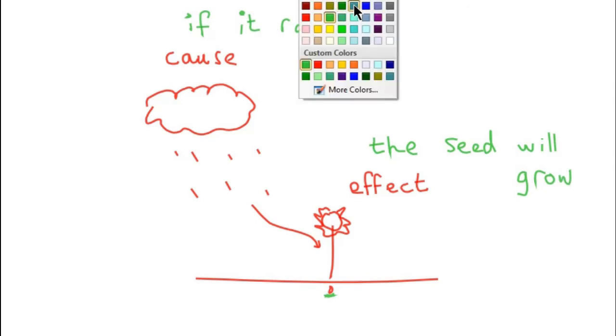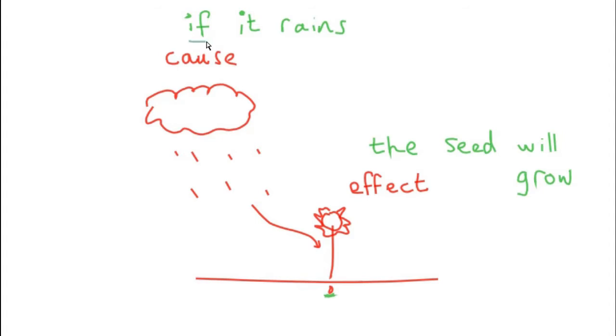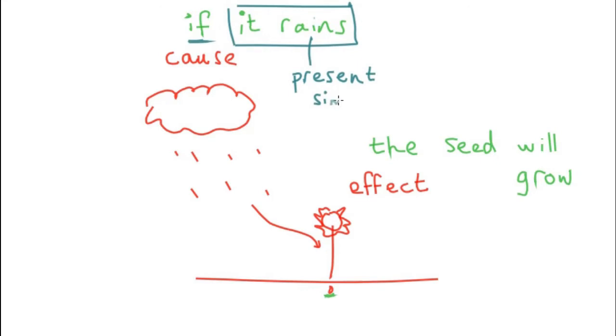What's important for you to understand is that in the if clause, the verb is in the present simple. So for the if part of the sentence, if it rains, the seed will grow, the verb is in the present simple form.